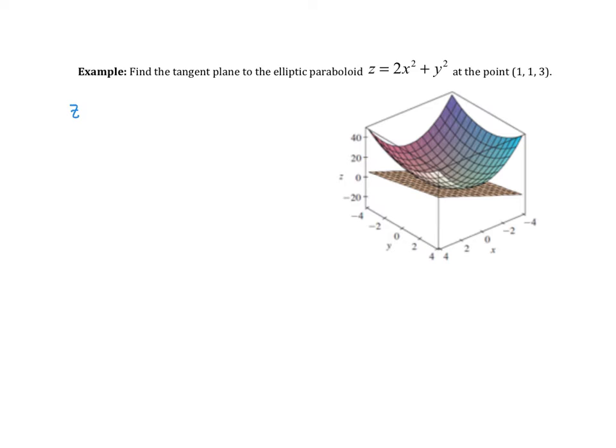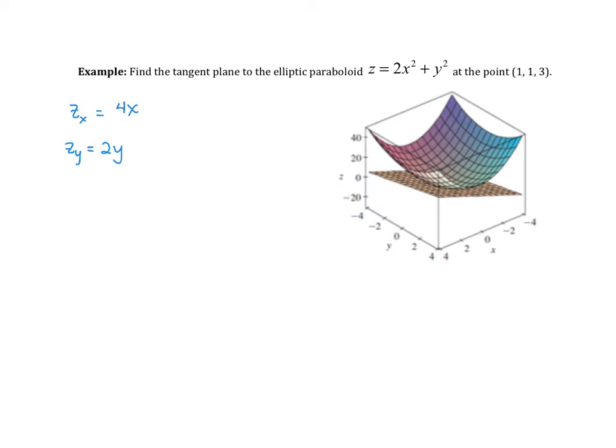So let's do the partial derivative with respect to x. If we take that partial derivative, we would get 4x plus 0. And if we take the partial derivative with respect to y, we would get 2y. Since both of those partial derivatives exist, we know we can go through this process.